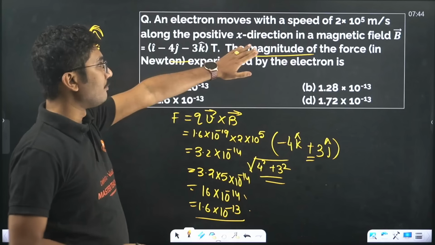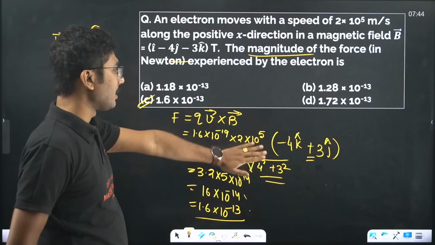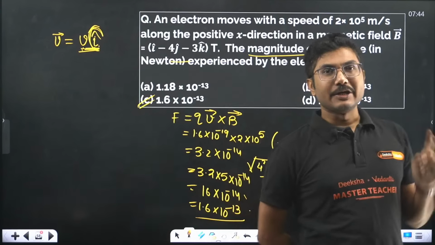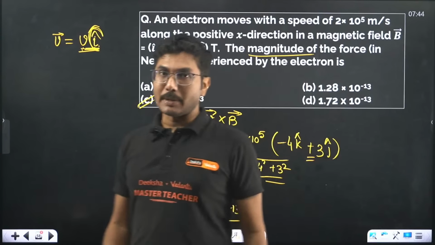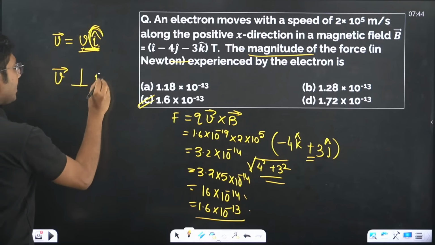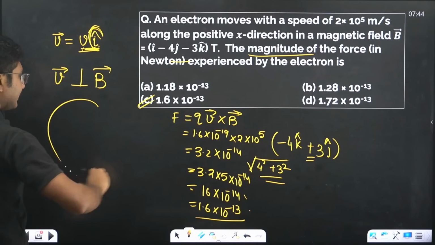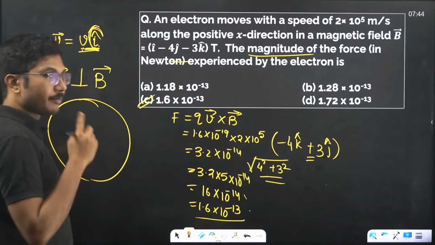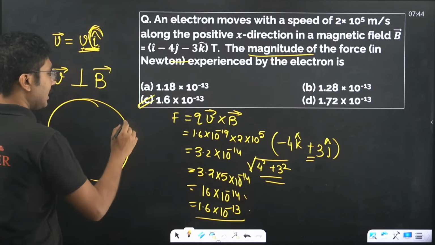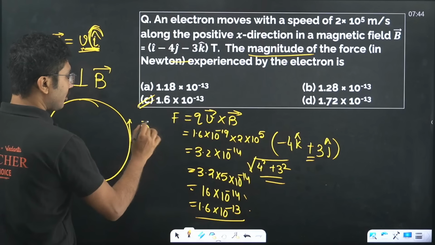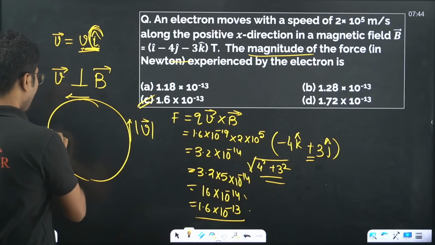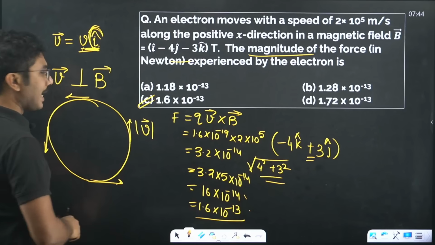Now if speed and magnetic field are given, remember it is V cross B. Also remember one very important fact: in Lorentz force based problems, if V and B are perpendicular, the particle is executing a circular motion. If the particle is executing a circular motion, the magnitude of velocity remains the same, only direction changes.